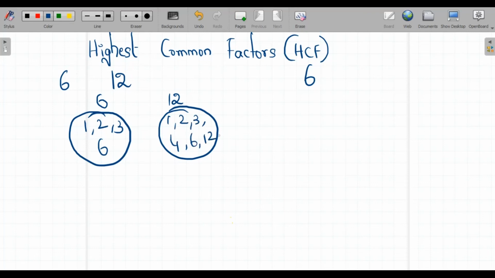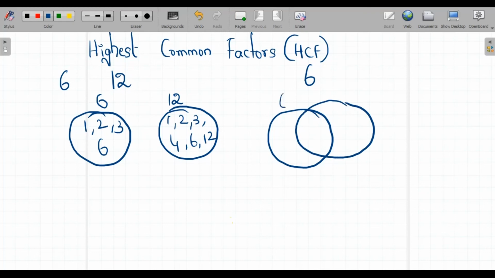Correct? Now the factors that are common to both, if I try to intercept both, this is a place which is common to both 6 and 12. So the factors that are common to both 6 and 12 get listed here. 1, 2, 3 and 6. Okay. So in this case, everything falls here.